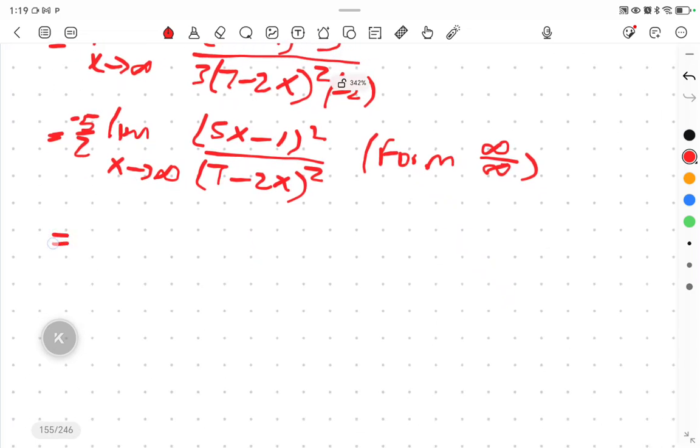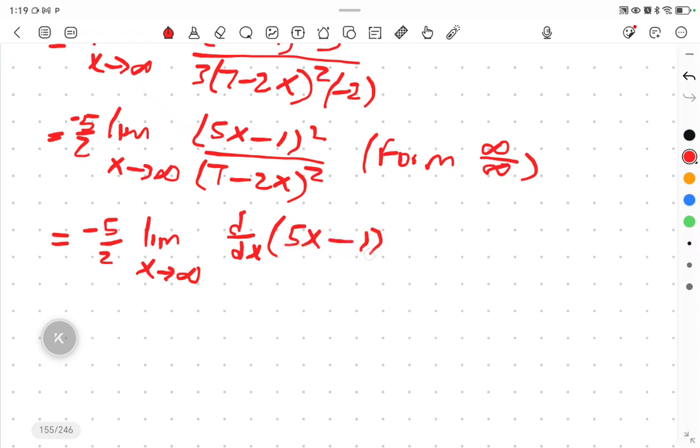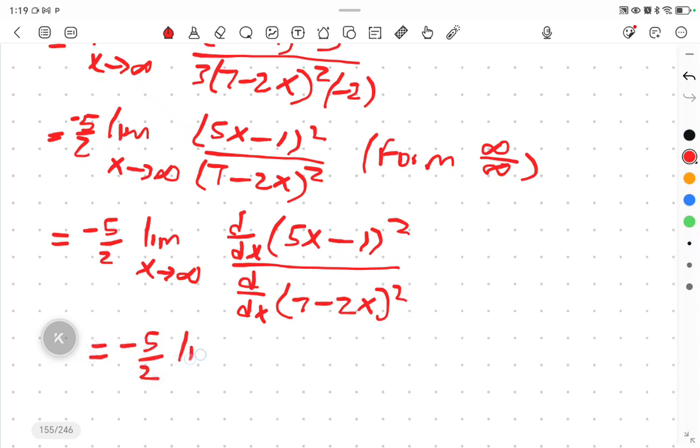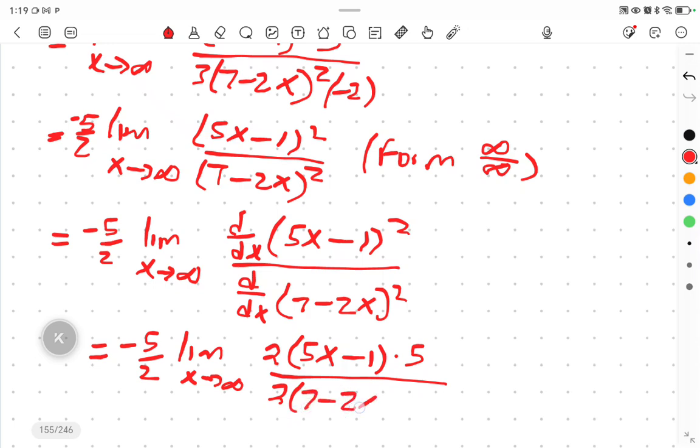When I derive again, I get minus 5 over 2, the limit as x approaches infinity of the derivative of 5x minus 1 squared all over d over dx of 7 minus 2x squared.